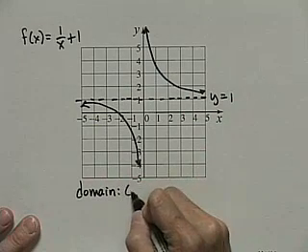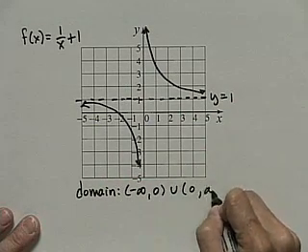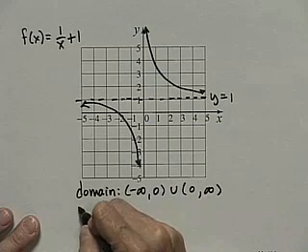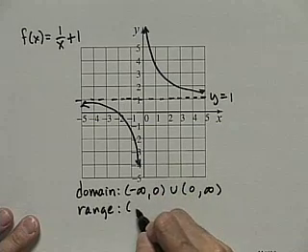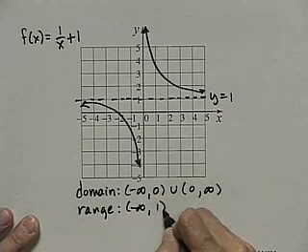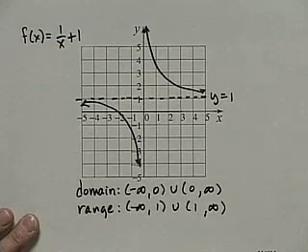The domain is from negative infinity to 0, union the interval 0 to positive infinity. The range is from negative infinity to 1, union 1 to infinity. We're ready to move on to another rational function.